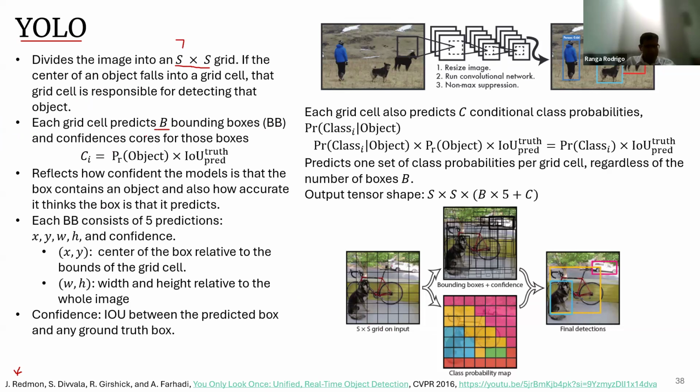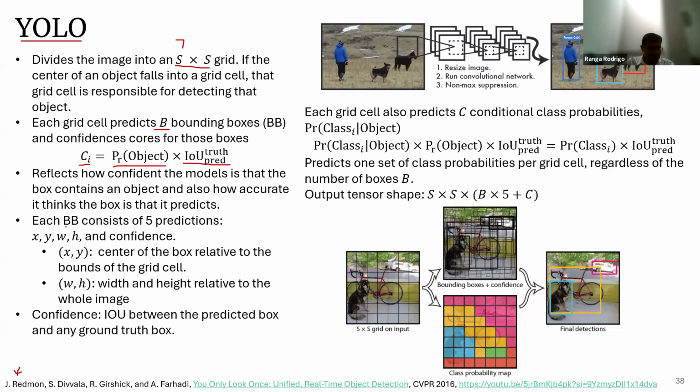The confidence score of those bounding boxes is the probability of an object being there, multiplied by the IOU between the ground truth and the prediction. It reflects how confident the model is that the box contains an object, and also how accurate it thinks the box is.